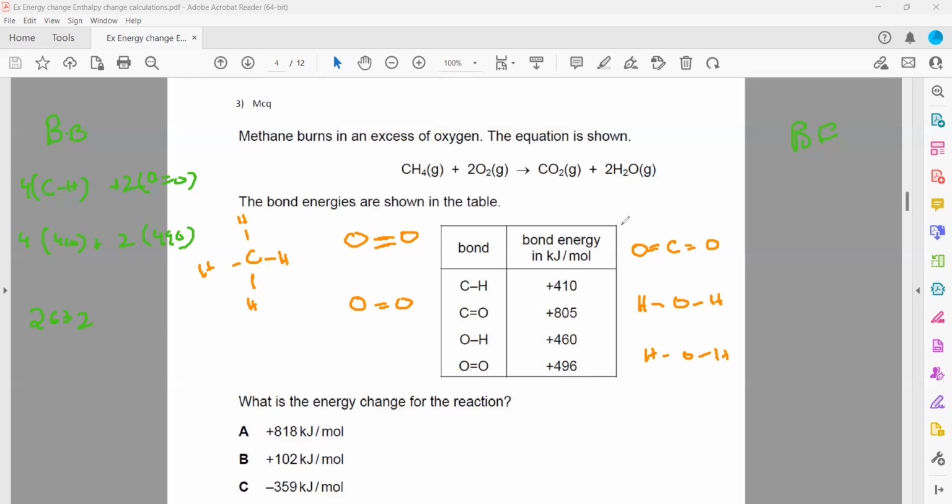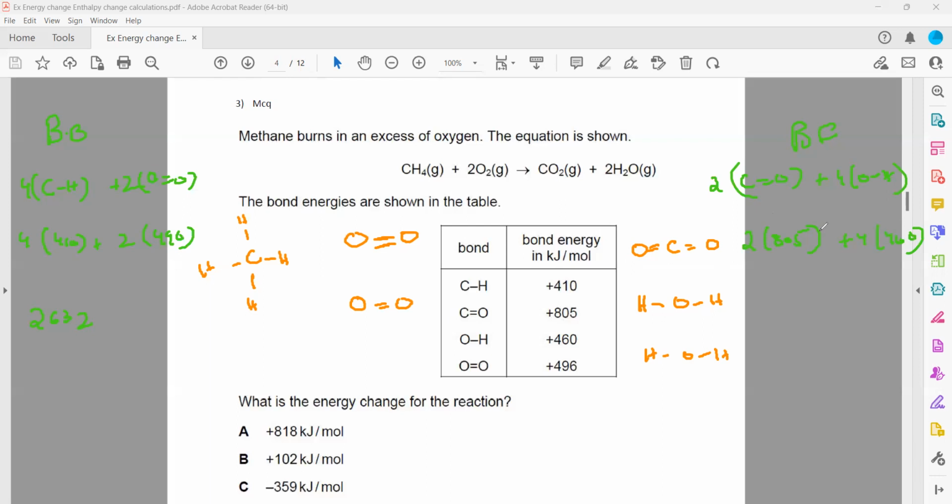Then for the bond forming energy, you have oxygen. So 2 of the bonds are carbon-oxygen double bonds, 1 and 2. And 4 bonds are there because 2 water molecules contain 4 OH bonds. So 2 times CO. CO is how much? 805, plus 4 times OH, 460.